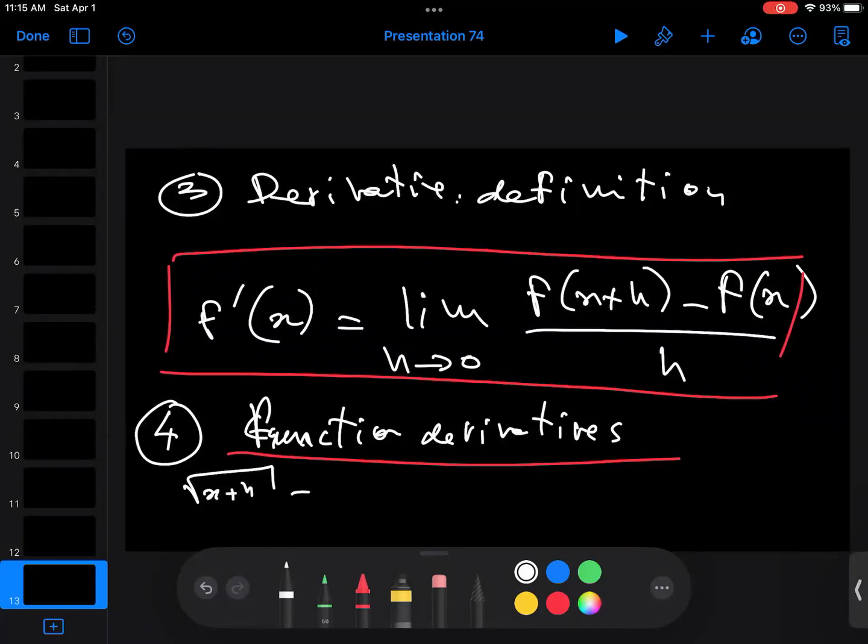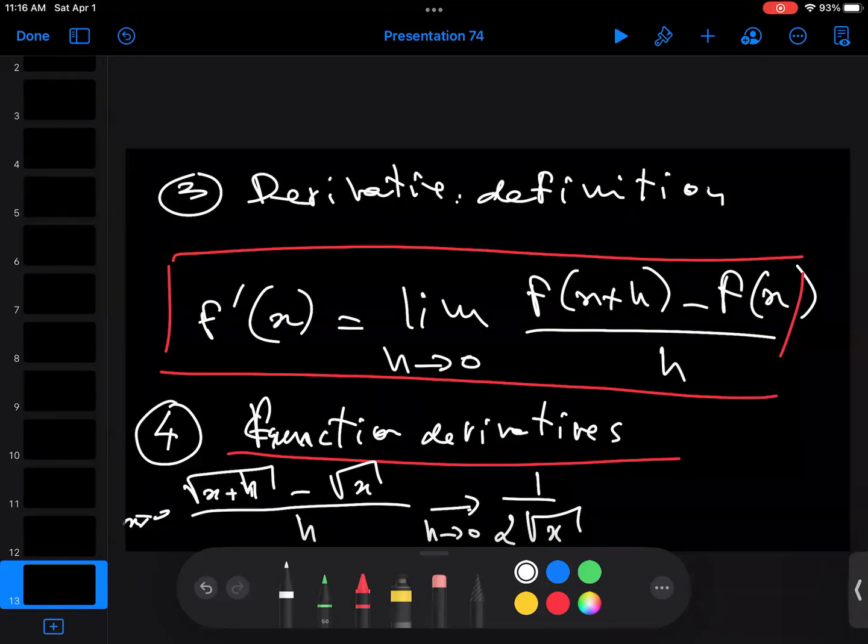So we computed this thing for a positive number x. If I divide it by h, we saw that this is converging as h goes to 0 toward 1 divided by 2 square root of x. So the derivative of square root of x is 1 divided by 2 square root of x. We did it as an exercise on limits.